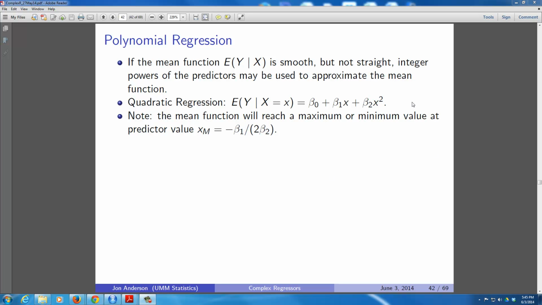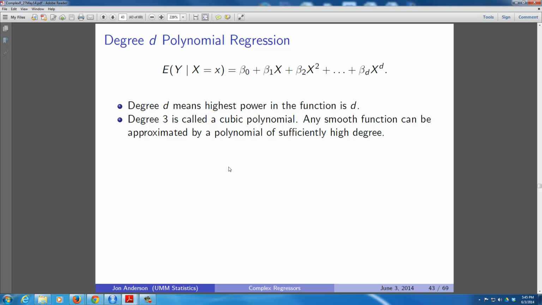This kind of parabolic curve will achieve a maximum or a minimum, the place on the x-axis where you'll have a peak. It involves the beta 1 parameter and the beta 2 parameter to determine where that peak will occur. This is called polynomial regression.